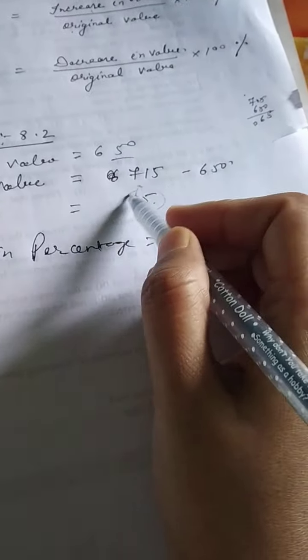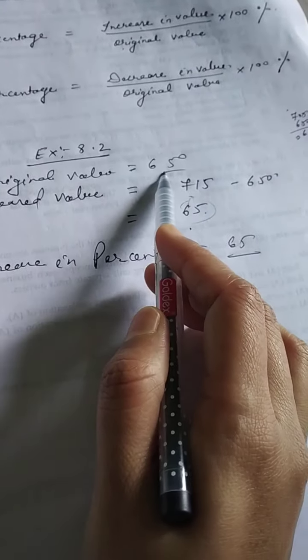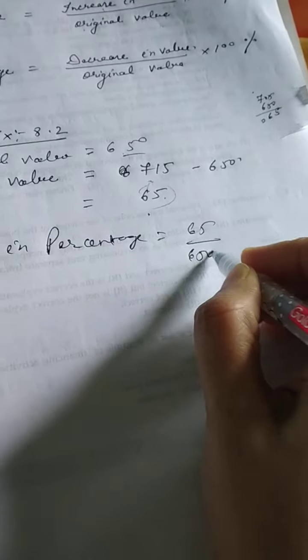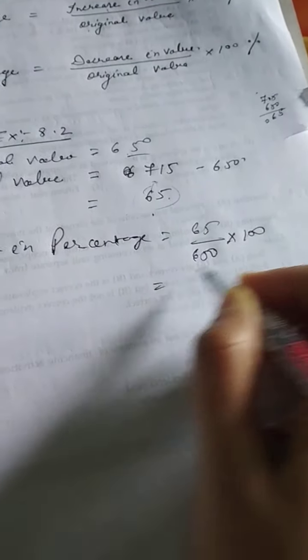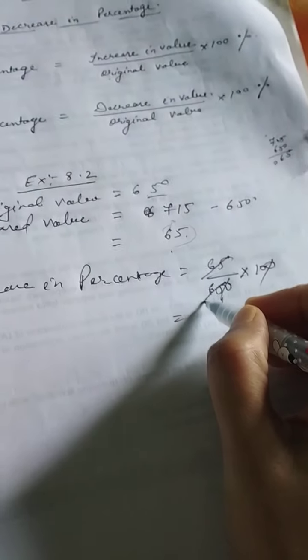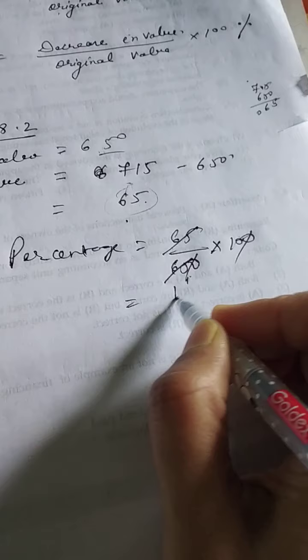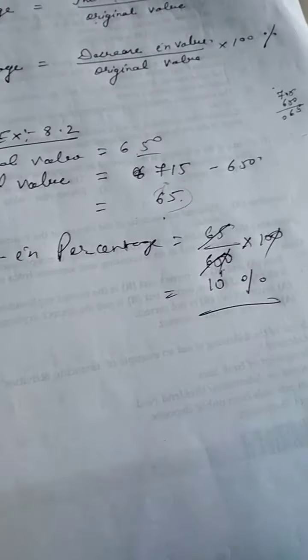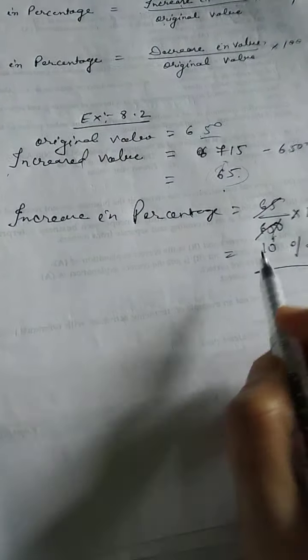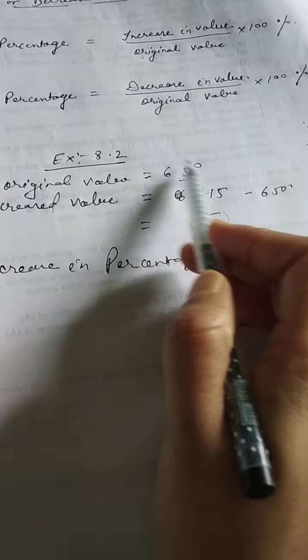The increase in value is 65 and the original value is 650, multiplied by 100. Cancelling, we get 10%. 10% is the answer, which means 10% is the increased percentage in the original value.